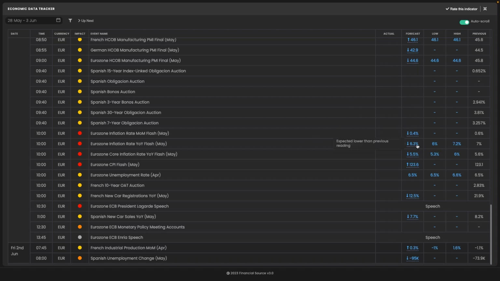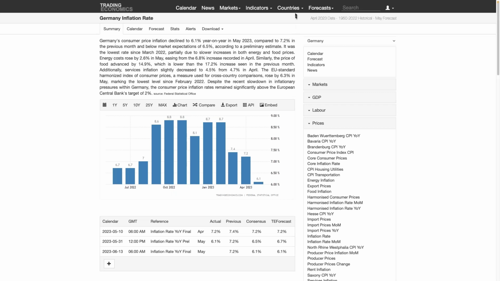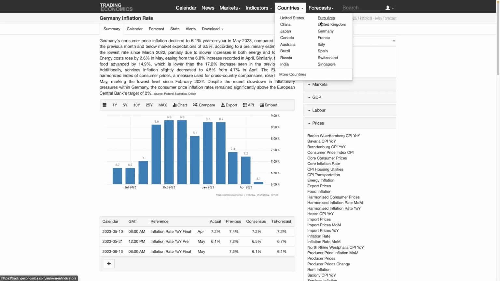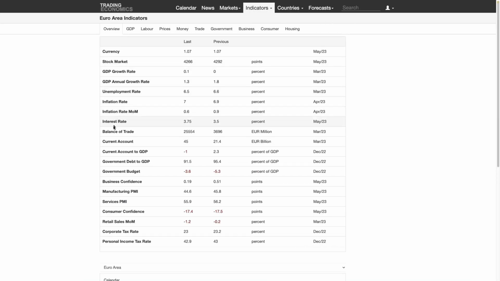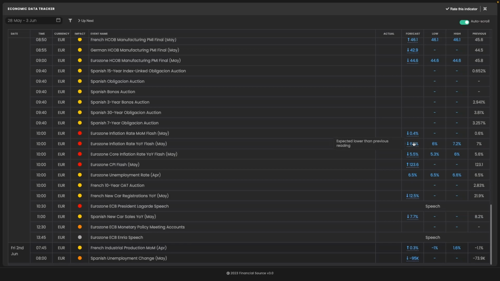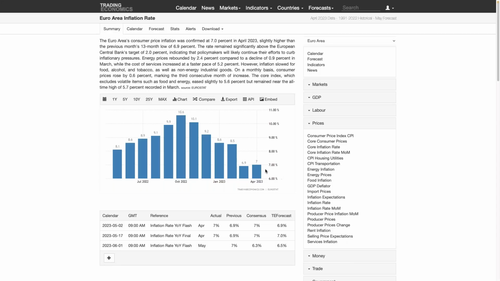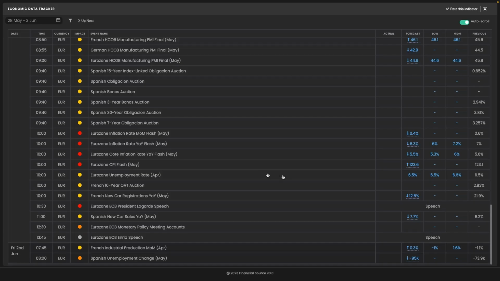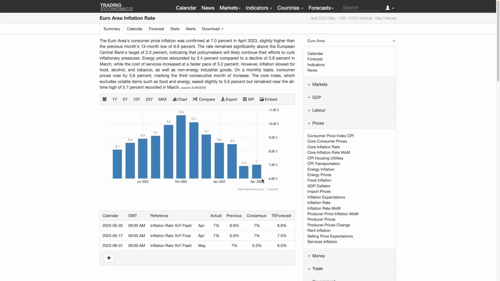It's expected to come to 6.3% down from 7%. If we look at the euro area, 7 was the prior, and it's expected to come in at 6.3. Now, if we see another big drop, say this comes in below market's minimum expectations of 6, say 5.9 or something, great news.